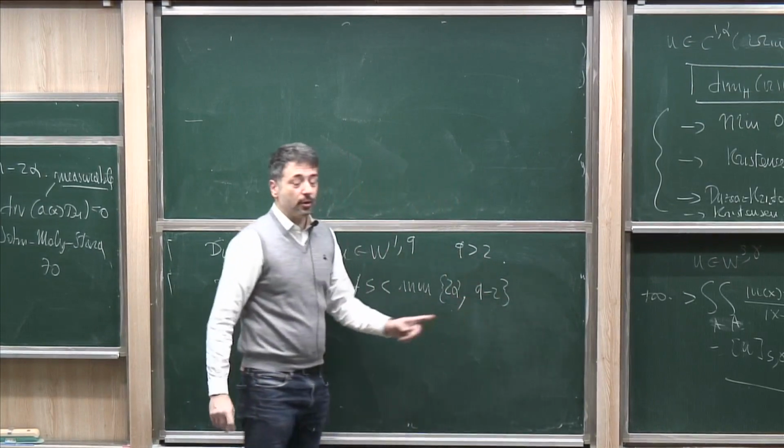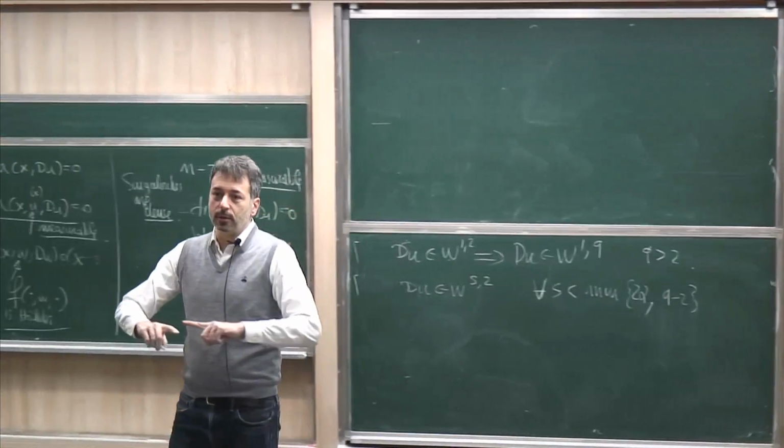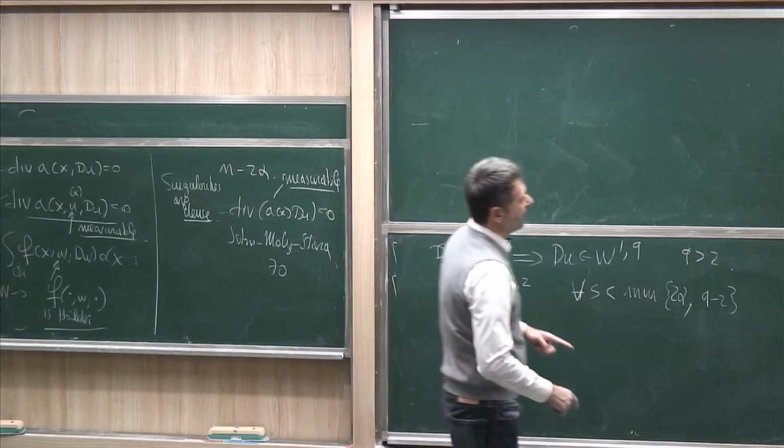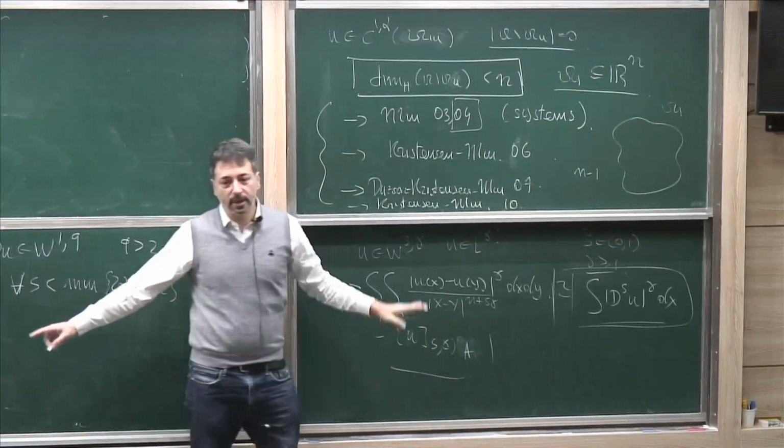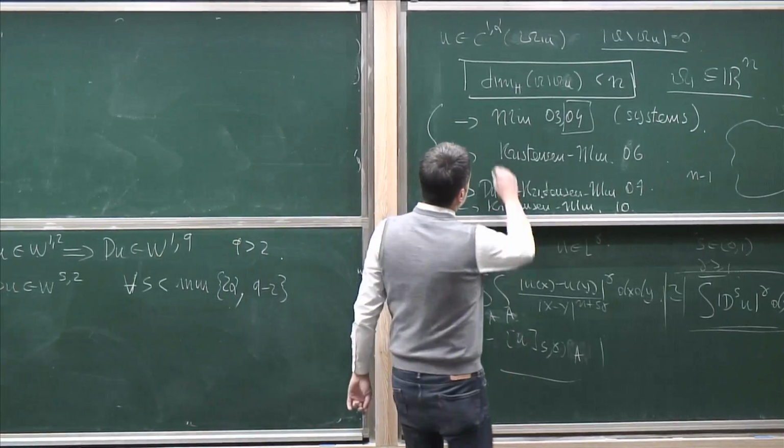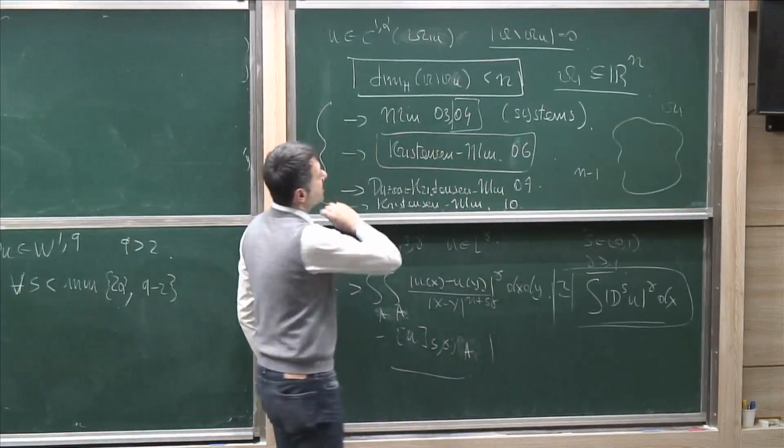Actually, this occurred with two papers. The first one of myself, with some exponent, and then with this exponent, it's in a later paper of Christensen, but the technique is the same.